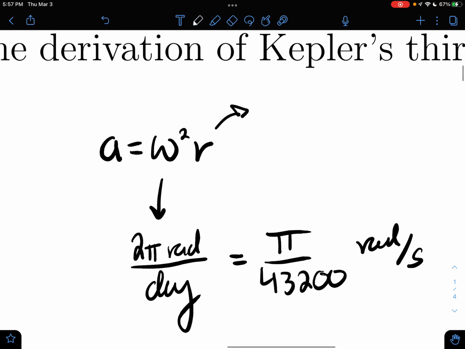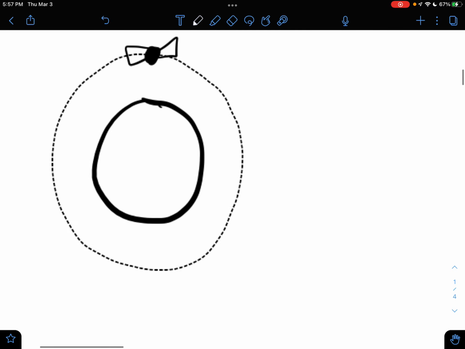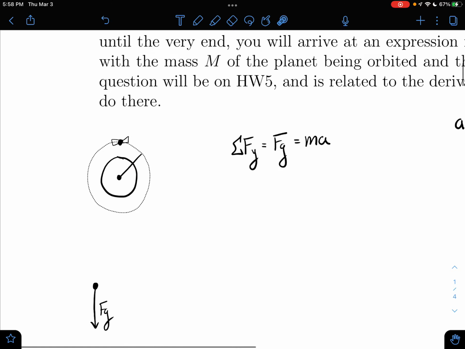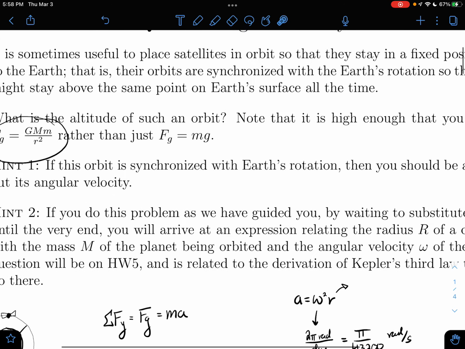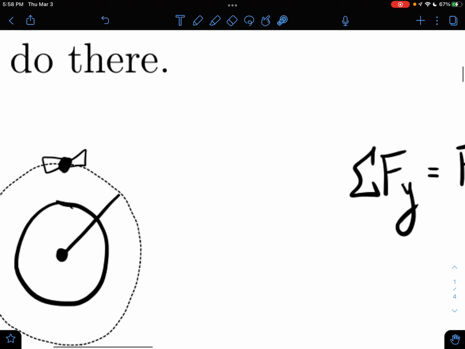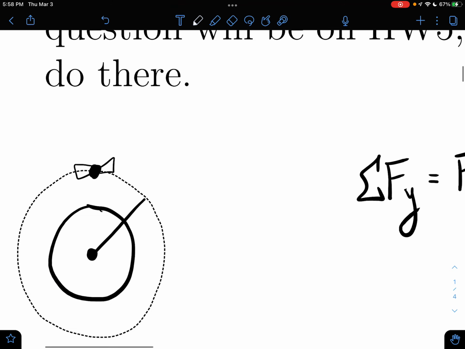Now what's our radius? Our radius is going to be our distance to the center of the circle, so however long this is. But we don't really care about the radius right off the bat. We're trying to solve for the altitude of the orbit, the distance between the surface of the Earth and the satellite.